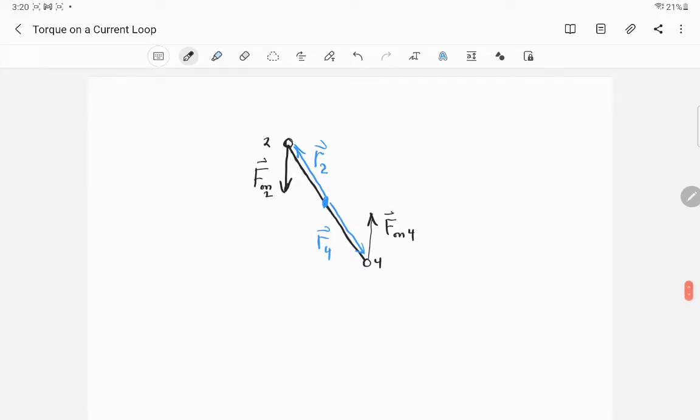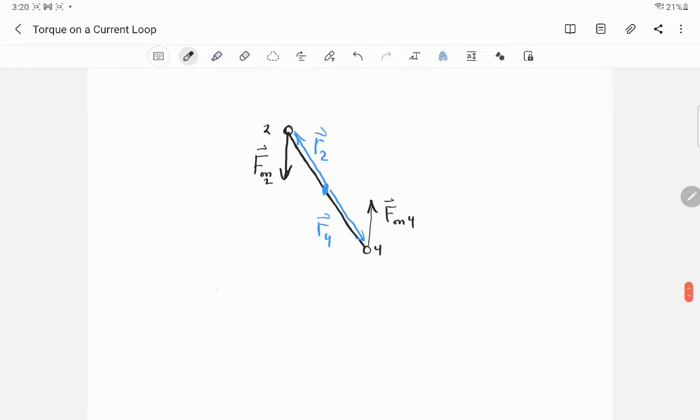So let's think about the torques. The torque by force number 2 is R2 cross F on 2, right? And if you use the right-hand rule, one way you can think about it, can you see that that torque tends to want to rotate this thing counterclockwise?